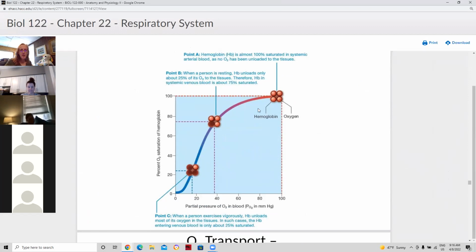So at point A, where we're at a partial pressure of oxygen of 100 millimeters of mercury, the hemoglobin is almost 100% saturated with oxygen.